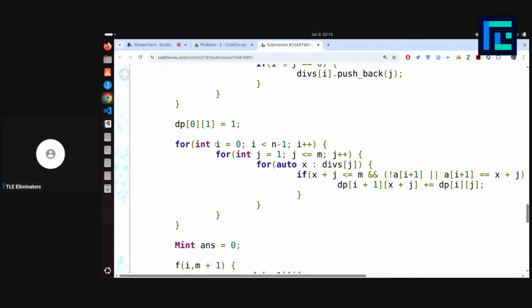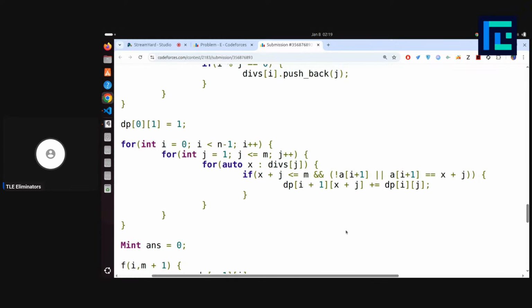So I'm just doing this. For i equal to 0, i less than n minus 1, i plus plus. j equal to 1, j less than or equal to m, j plus plus. For x in divisors of j, I can move from dp[i][j] to dp[i+1][x+j]. And I can only do that if either a[i+1] is x plus j or it is 0, right?